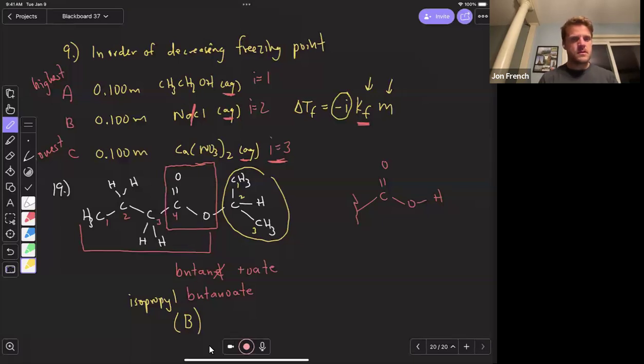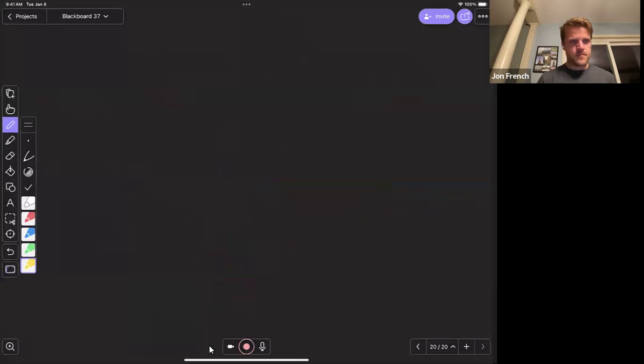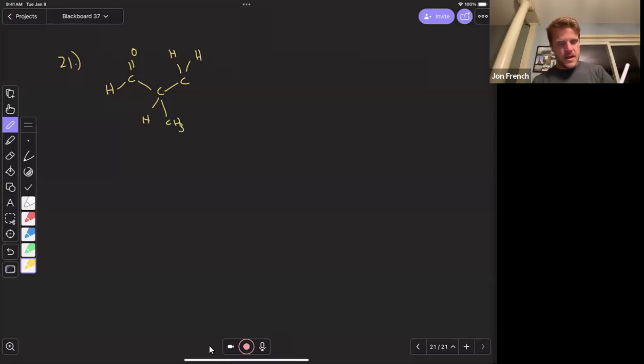Question 21. For question 21, we have an aldehyde, and we've got some functional groups, it looks like, some branches off of that aldehyde. Aldehydes need to be on the first or the last carbon.